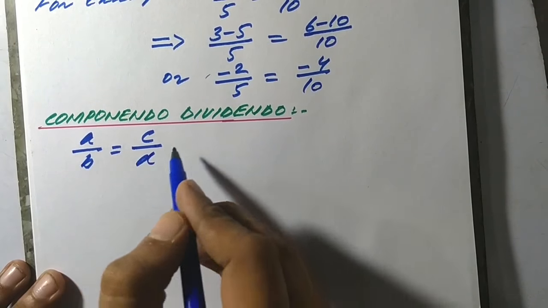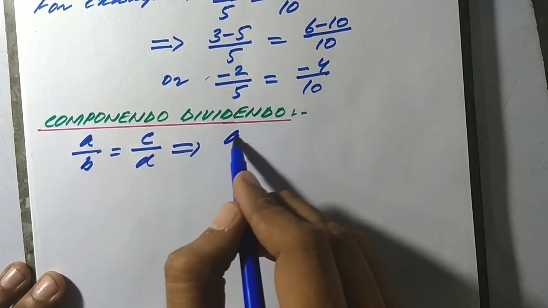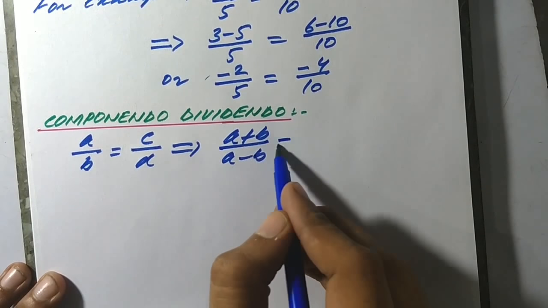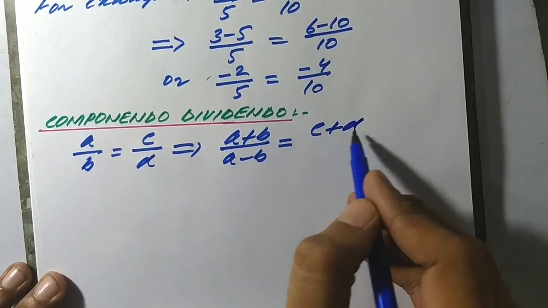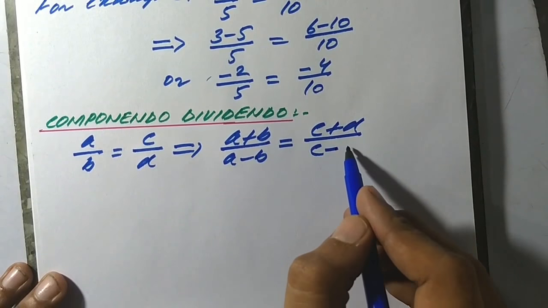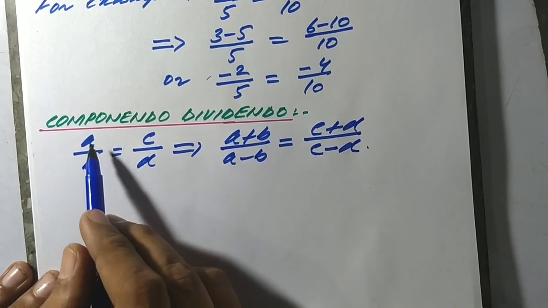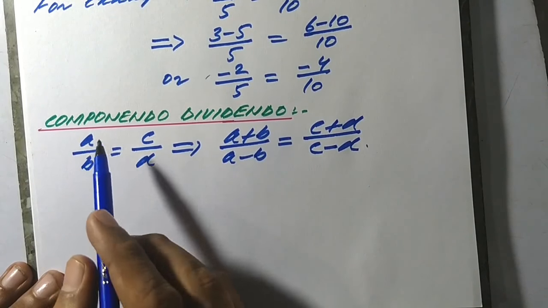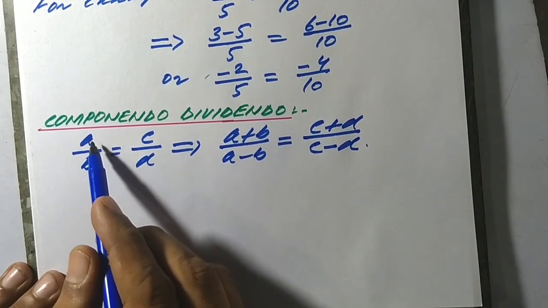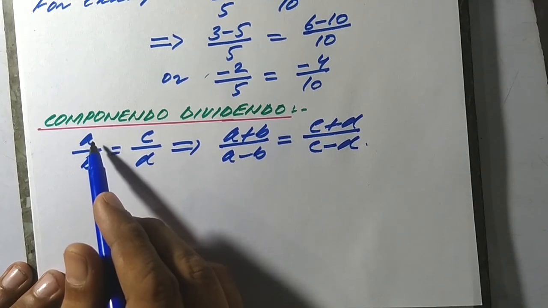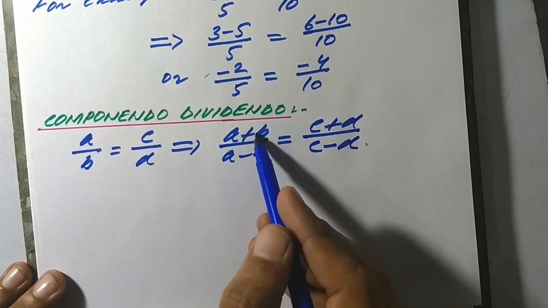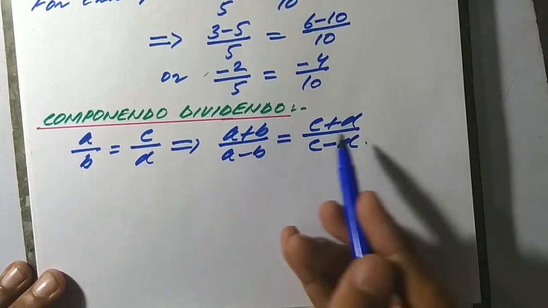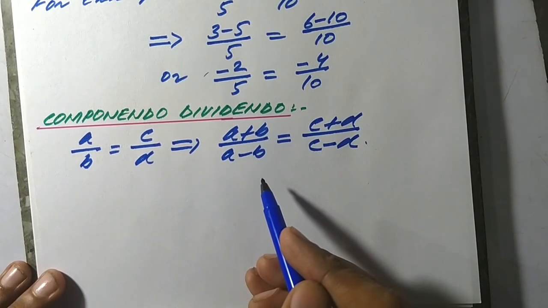A upon B is equal to C upon D implies that A plus B upon A minus B is equal to C plus D upon C minus D. That is, if A upon B is equal to C upon D, then if we write the sum of numerators and denominators in the numerator and the difference in the denominator on both the sides of equality, the resulting numbers remain in proportion.